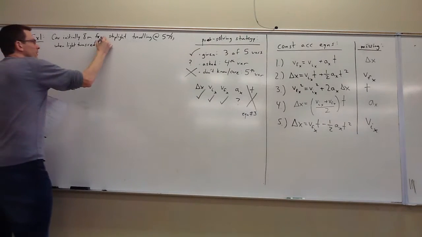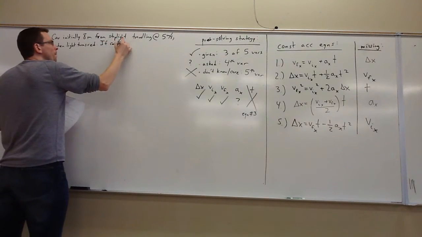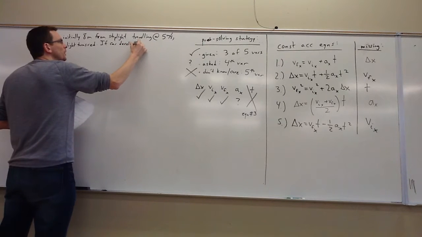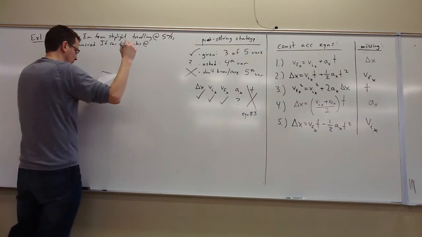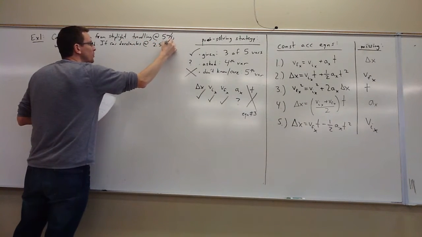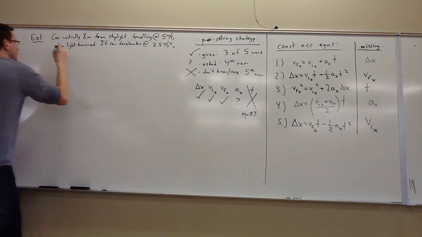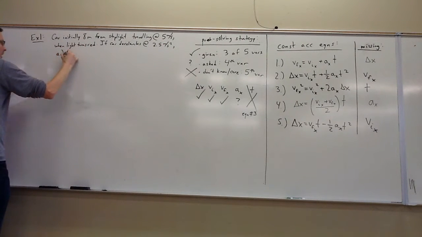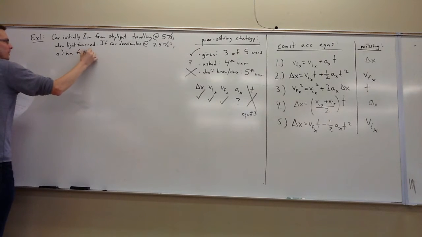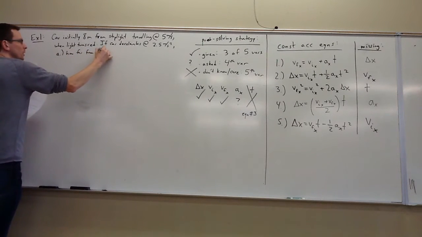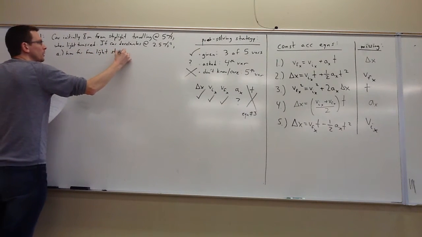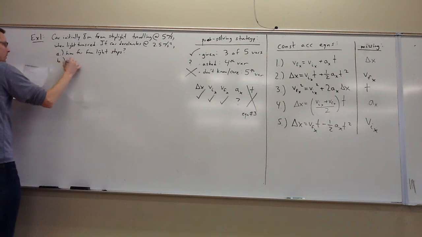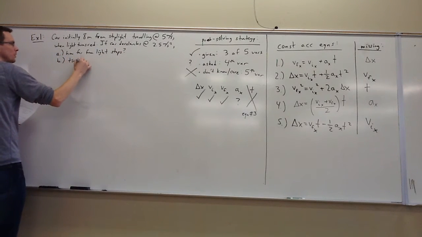If the car decelerates at 2.5 meters per second squared, A, how far from the light does it stop? And B, what is the time to stop?